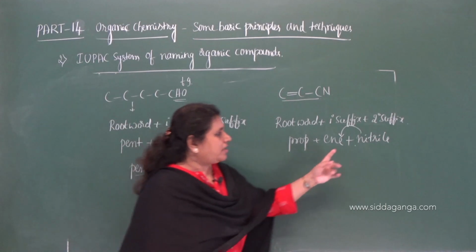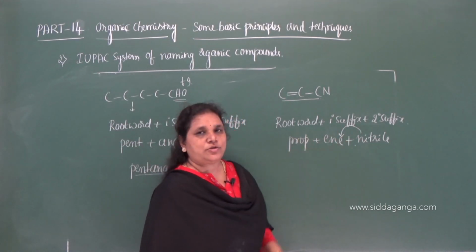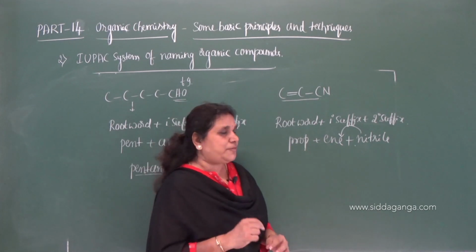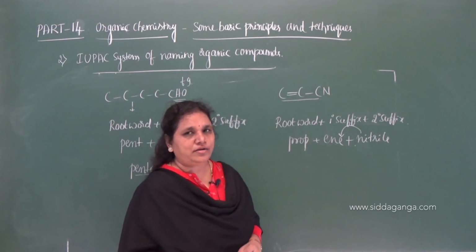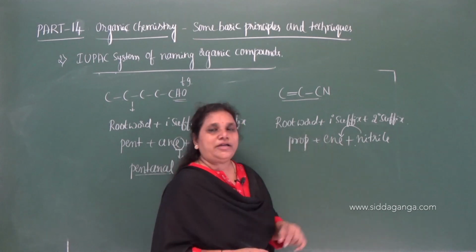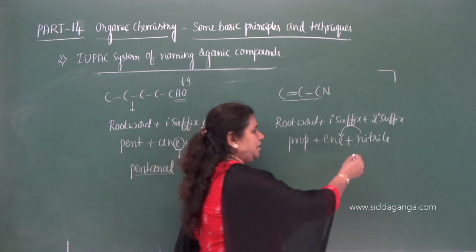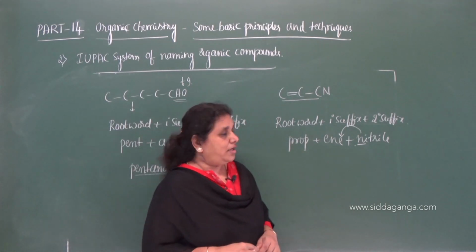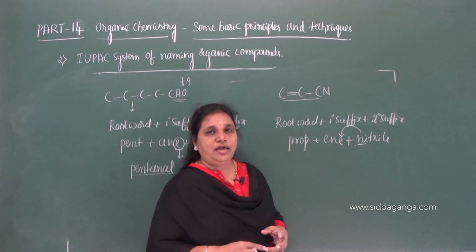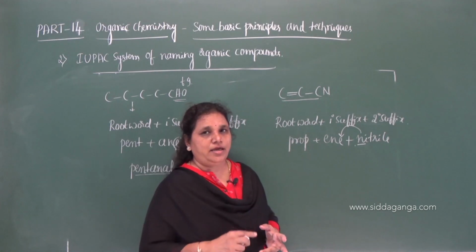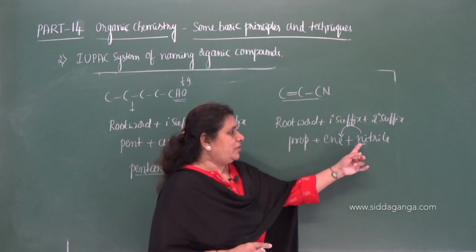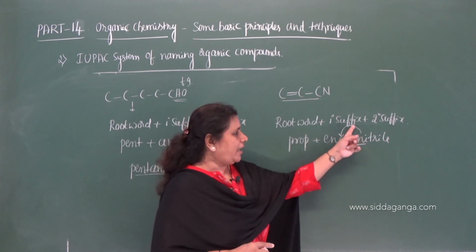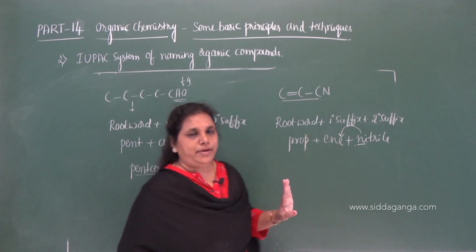But look at it while adding the secondary suffix to the primary suffix. Do we need to drop the terminal E here or not? No, we need not drop the terminal E, because the secondary suffix of the cyanide group does not start with a vowel, that is A, E, I, O. It starts with N, therefore you can directly add it to the primary suffix.